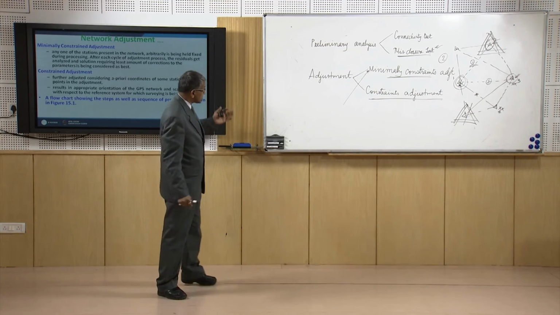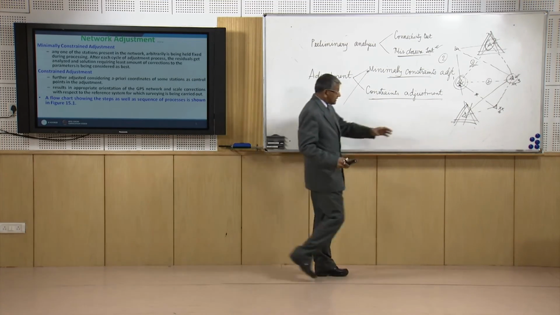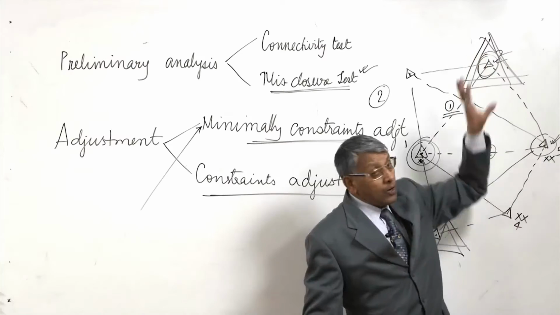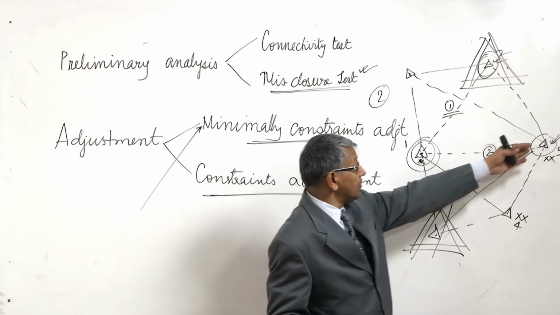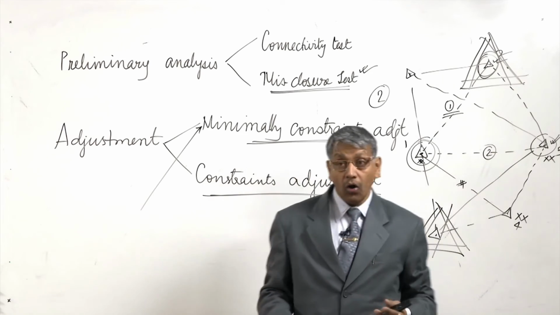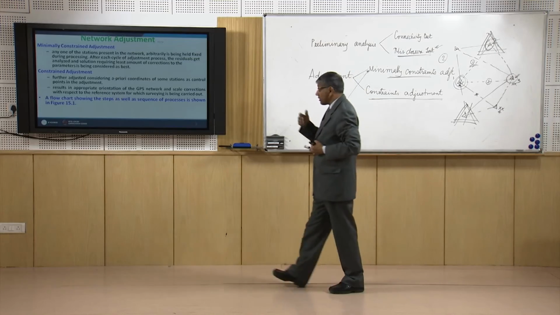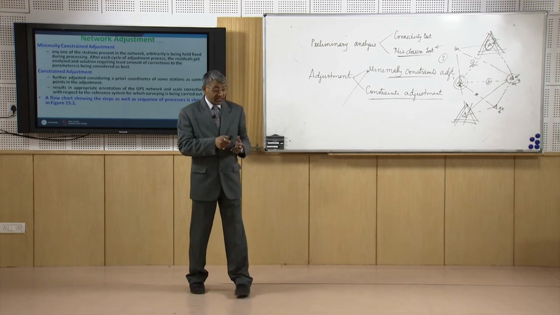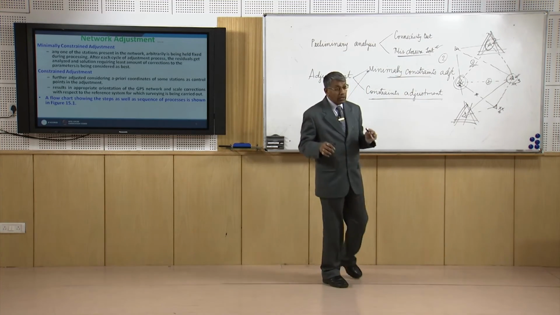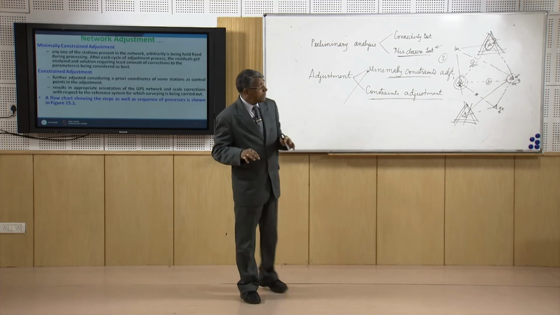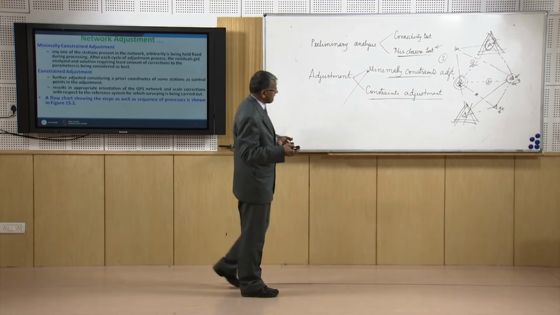So in constraint adjustment we take these two station locations as the known points, and with reference to these we find the location of all other stations, and we go through all those adjustments which we did in minimally constrained adjustment, finding out whether any blunder is present and whether the error ellipse conditions are satisfied or not.